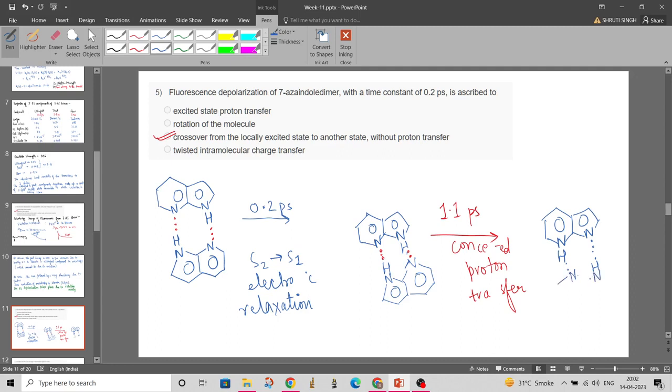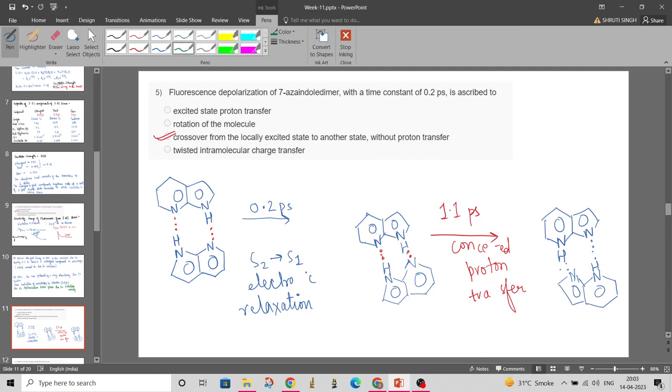So this is the covalent bond. And this is the hydrogen bond with the 6-membered ring. Sorry, hydrogen bond with the 5-membered.